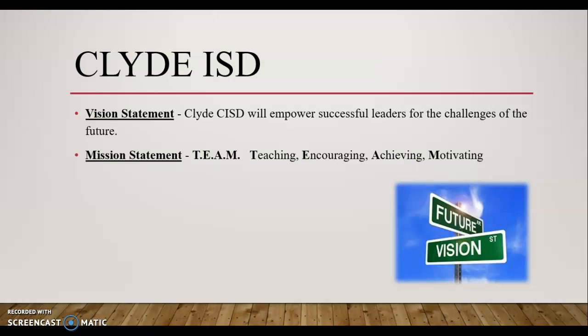And then they want to help students achieve their goals, whether that's making good grades on homework and tests, or graduating from high school and pursuing college, or even a trade. And then motivating students as well to be positive and strive for success and be the best that they can be.